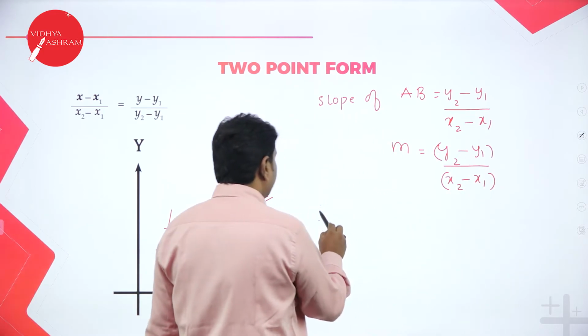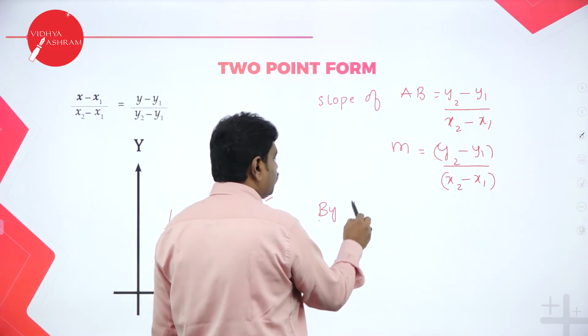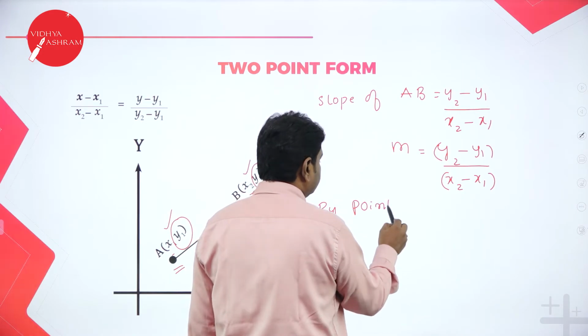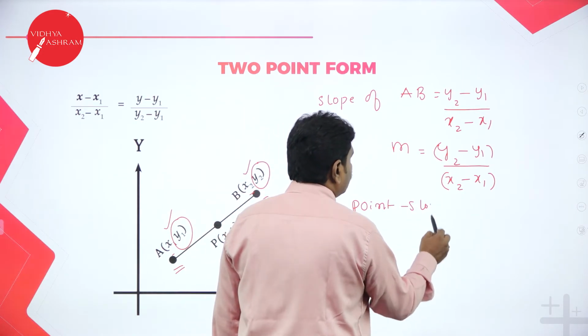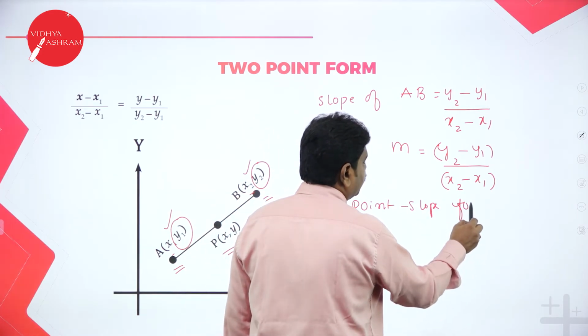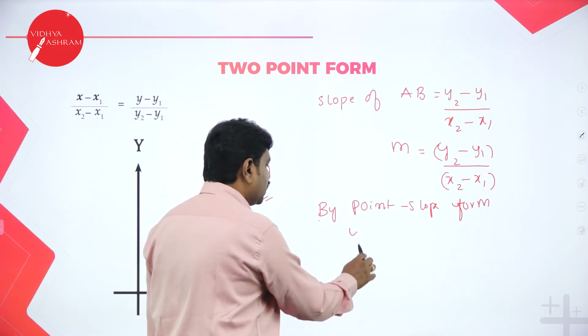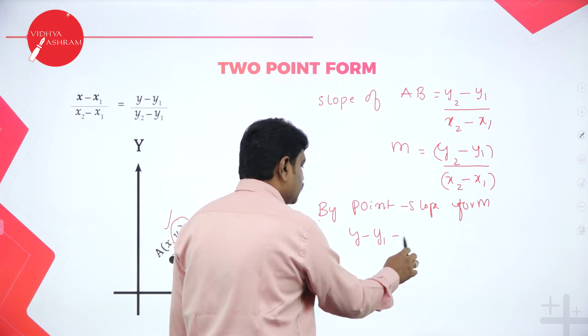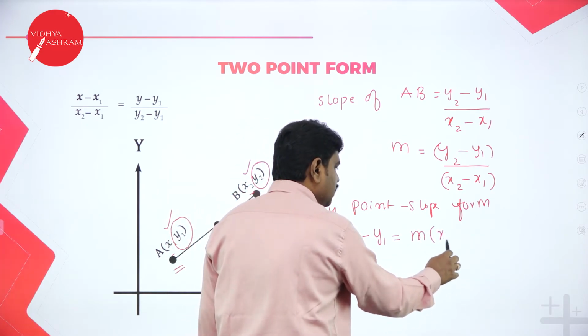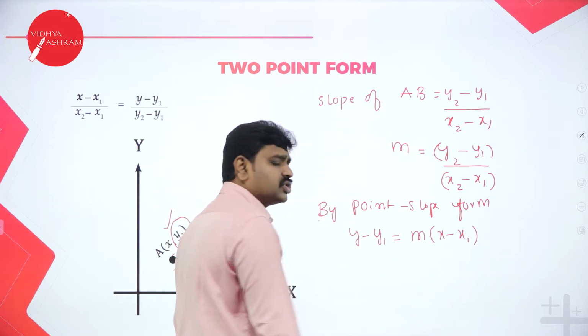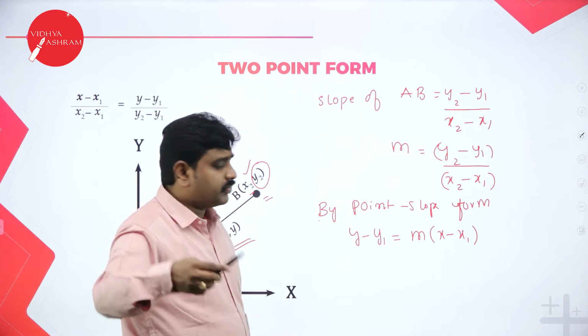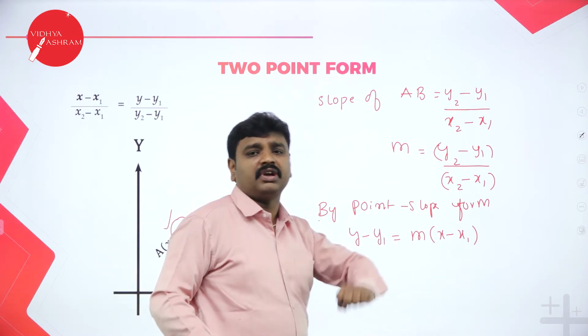Now by point slope form, we learned the point slope form. What is the equation of line by point slope form? Y minus y1 is equal to m into x minus x1. This is point slope form. By point slope form, the equation of line is y minus y1 is equal to m into x minus x1.